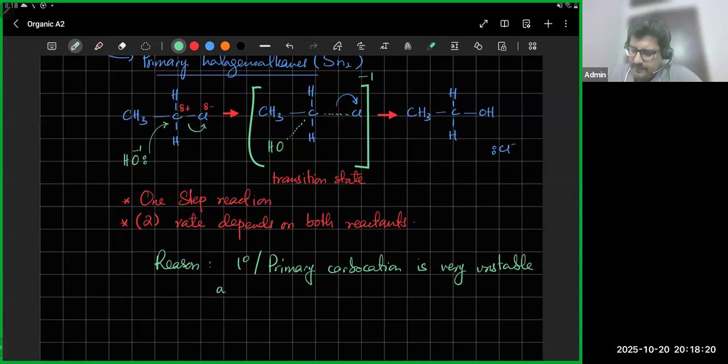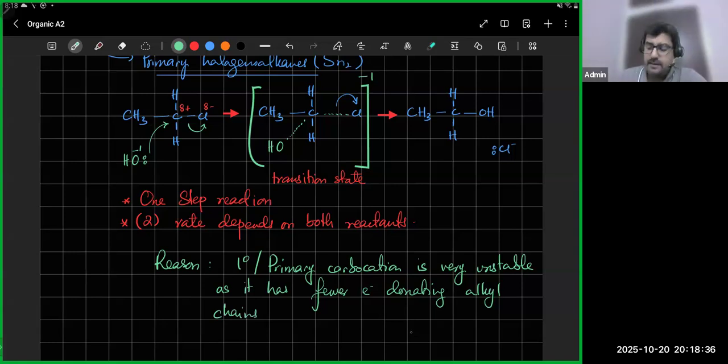Because it has fewer electron donating alkyl chains. There's not a lot of things around that can contribute electrons to this positive charge. So the positive charge is really strong. It has fewer electron donating alkyl chains, and hence the carbocation has high positive charge density.